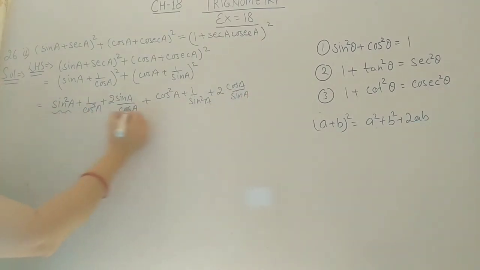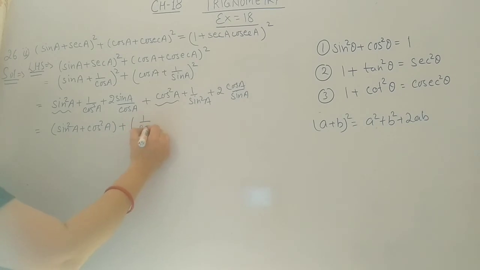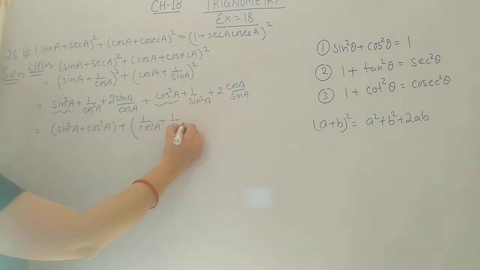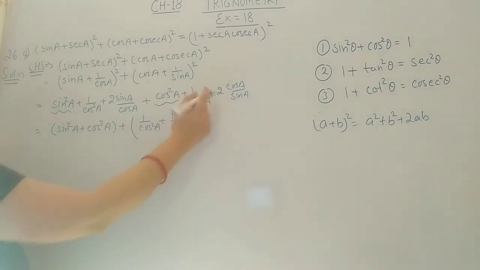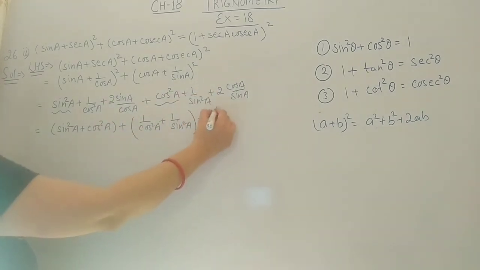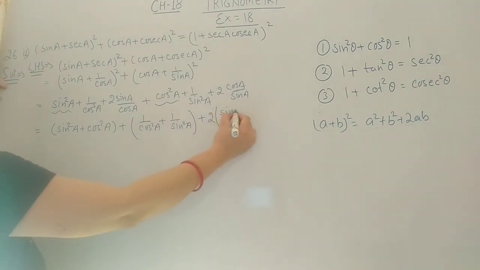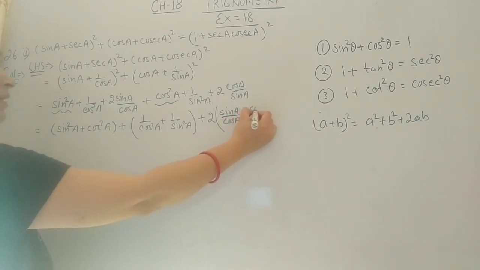We will take this sin square A and this cos square A together, so sin square A plus cos square A. Then second, we will take this and this one: 1 by cos square A plus 1 by sin square A. And the last two we will take together. 2 we can take common, and in the bracket we will have sin A by cos A plus cos A by sin A.